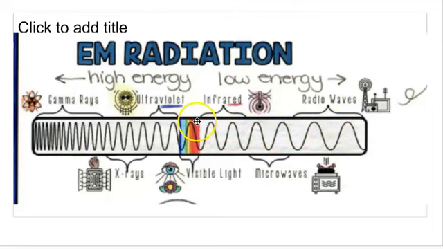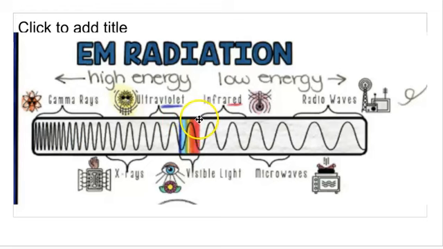What I do want you to notice, because we're going to be talking about visible light today, the stuff that we can see because we have receptors for it, is that the wavelengths of light go ROY G. BIV. Roy is red, orange, yellow, green. Biv is blue, indigo, and violet, which you may have learned previously in your academic career. What I want you to notice here is that red has a longer wavelength than blue.